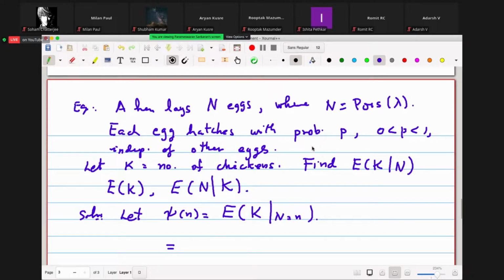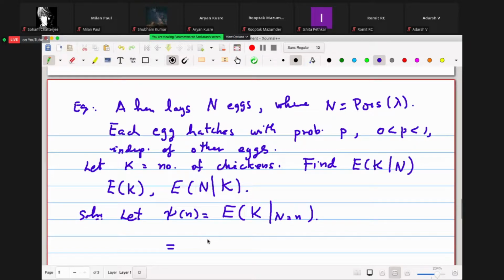Each egg hatches with probability p, and an egg hatching is independent of other eggs hatching. Okay, so let me just do this. Sometimes it's better to do it explicitly.